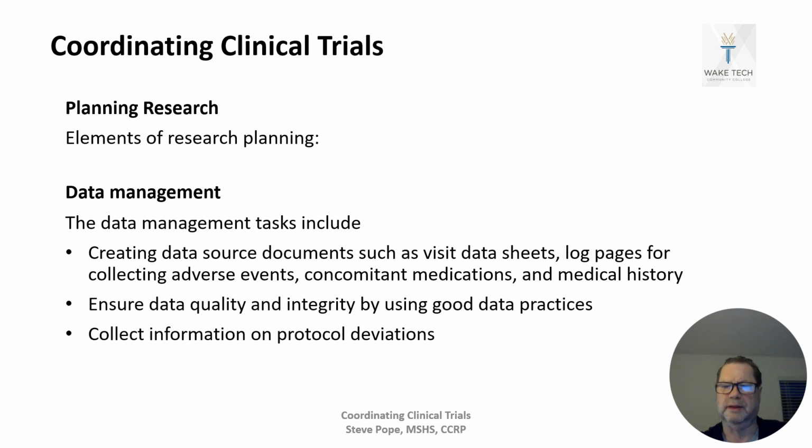You want to collect information on who was involved, and if a procedure wasn't done, explain why it wasn't done. There could be a reasonable explanation for why a procedure wasn't done. Then you want to collect that and make that available, because that'll cut down on the number of queries that you may get in the future as the sponsor starts to review those deviations.